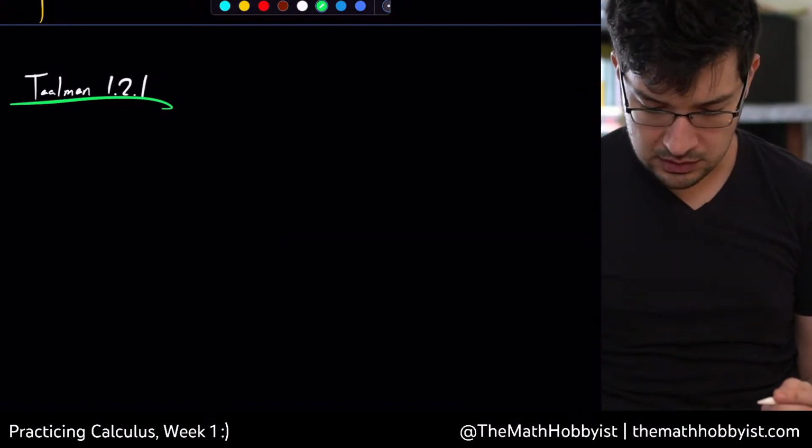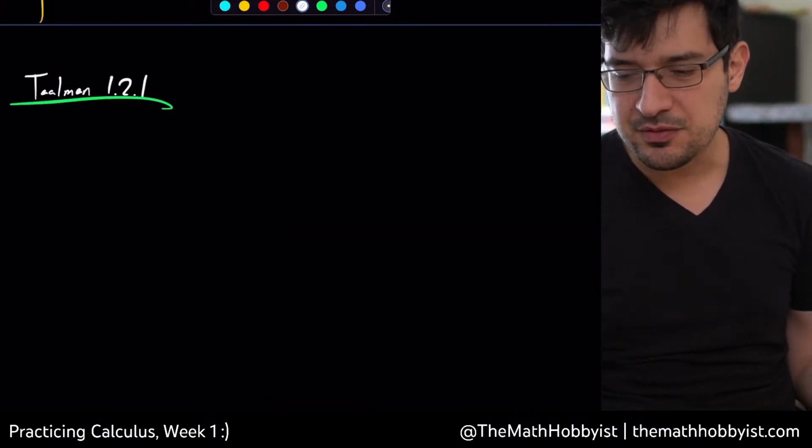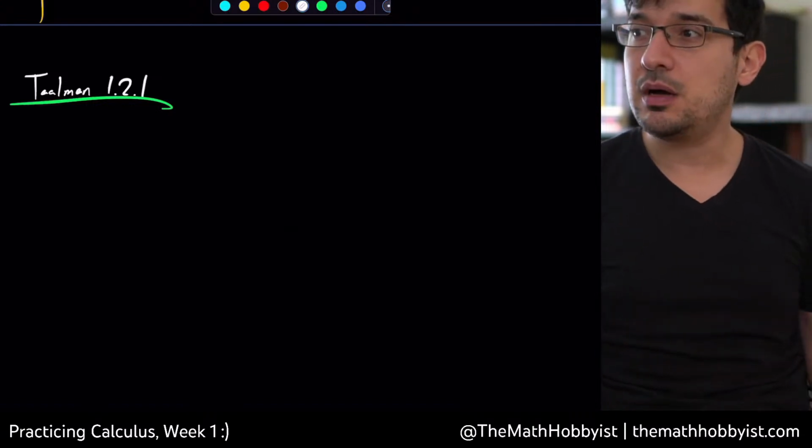Okay, so it looks like 1.2.1. It might be true that the first problem is always a true-false problem.